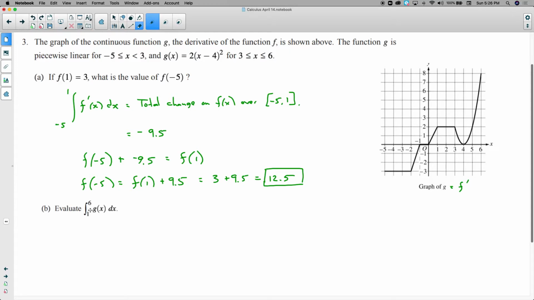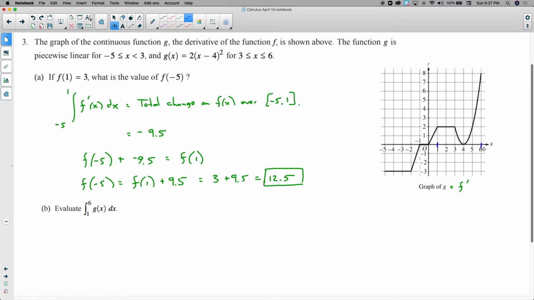So we're looking for the amount of area trapped between the function and the x-axis between 1 and 6.